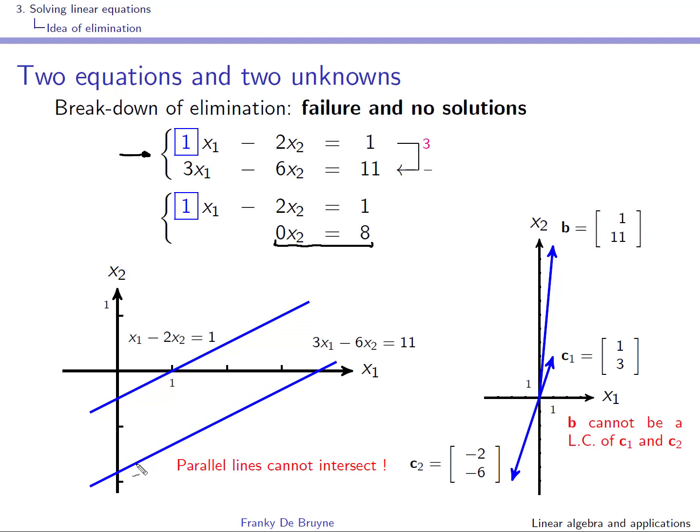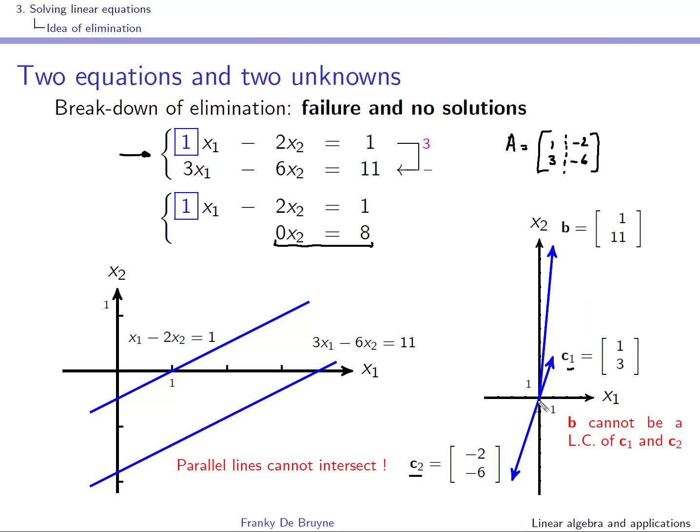In the algebraic interpretation you should look at the 2 columns of A, and A is the matrix 1, -2, 3, -6, and you should check whether there is a linear combination of the columns, column 1 and column 2, that will produce b.